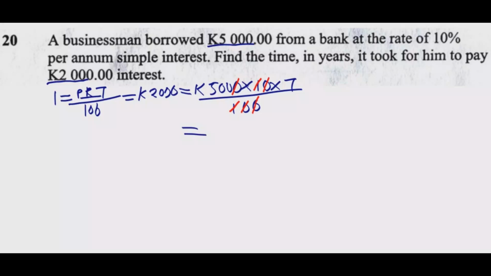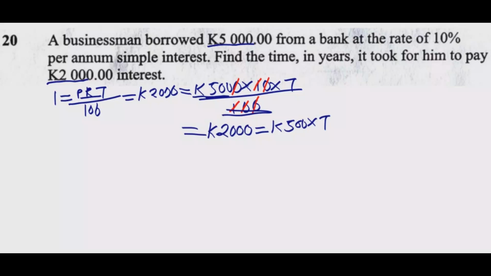On the left side of the equal sign, we are still remaining with 2,000 kwacha, which is equal to 500 kwacha, then times T. Down we're remaining with nothing, so that's the expression we're remaining with.